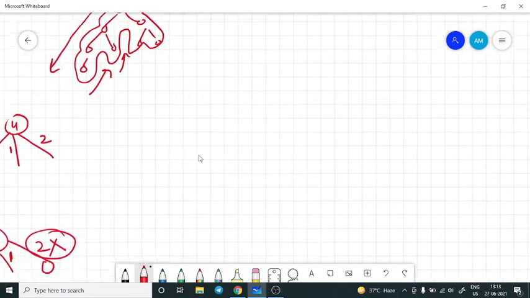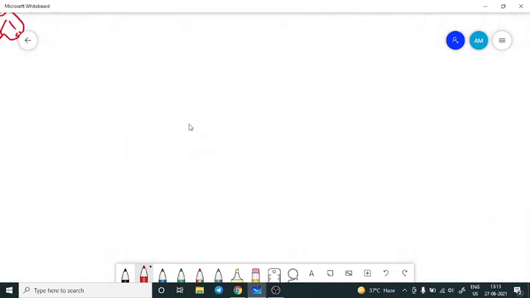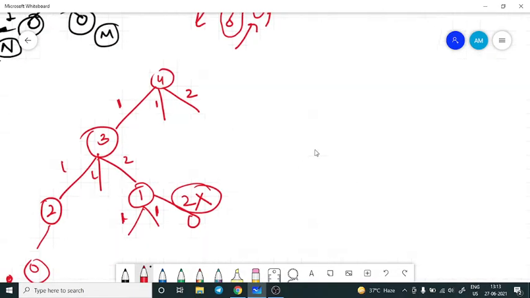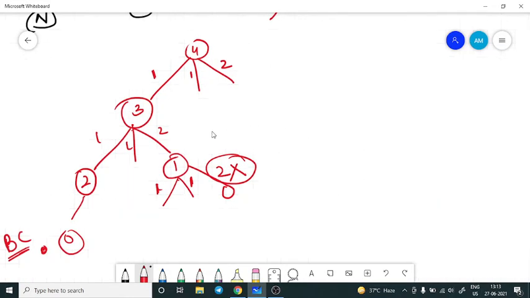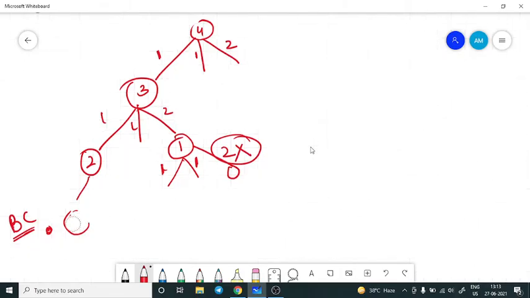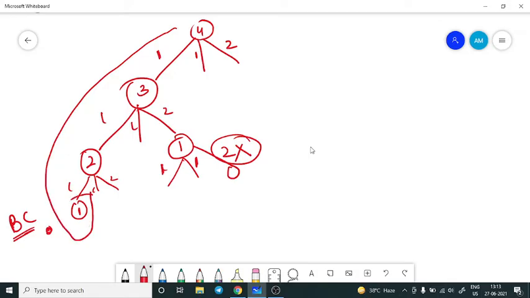First of all, I have explained here the recursive method. Now one more thing: why dynamic programming? If I draw this recursion tree completely, from this I have choices, that is one or two. Now if I choose one here, again I will have one here. As I said, the recursive function will work in this manner. Here you can see that I would have computed this value, and again if I go to this one, you can see that the sub problem is repeated.